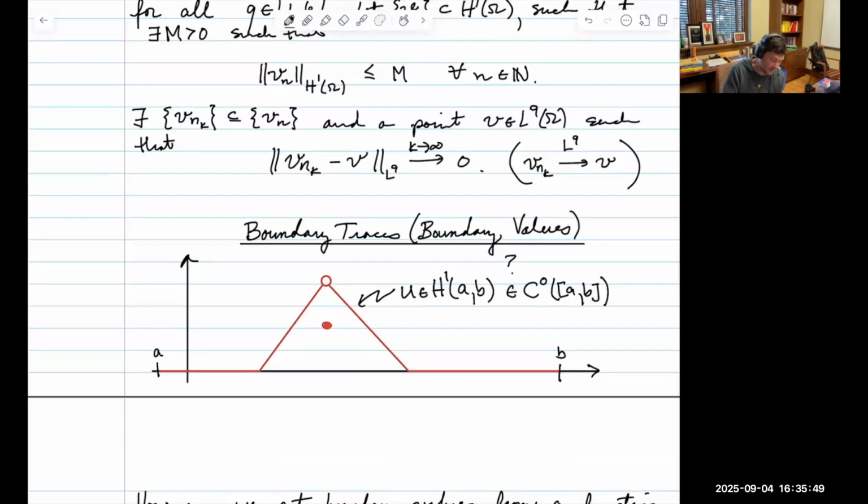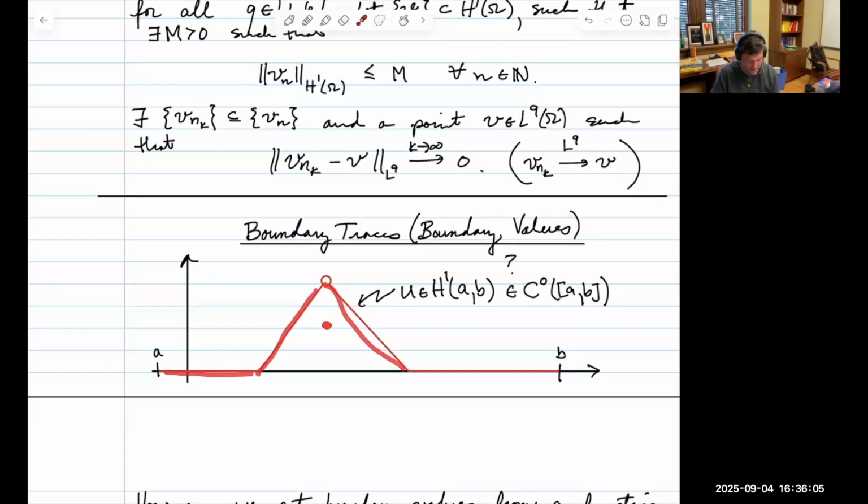What about boundary values for functions that are in these Sobolev spaces? If I ask you what's the boundary value of a function which comes from this Sobolev space H1, you should complain a little bit. Because remember, I told you up above that these functions come from a function class where we can rearrange the values of these points on a set of measure 0 without leaving the equivalence class.